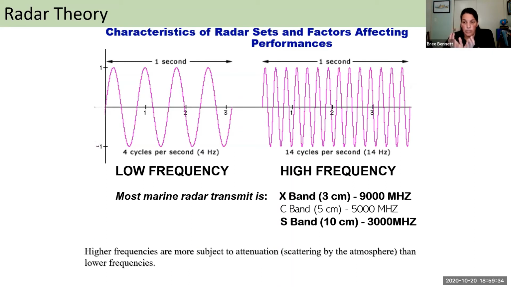It's also called 3 centimeters, and its frequency is 9,000 megahertz. Your S band is a 10 centimeter radar with the frequency of 3,000 megahertz. Those 3s can get very confusing. S band, 10, 3,000 megahertz. X band, 3 centimeters, 9,000 megahertz.